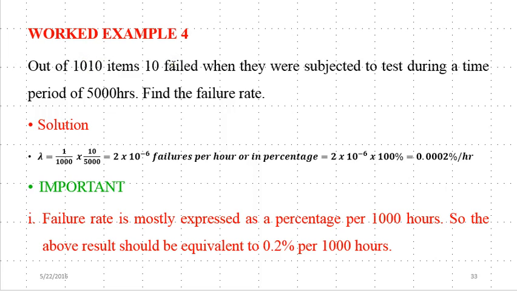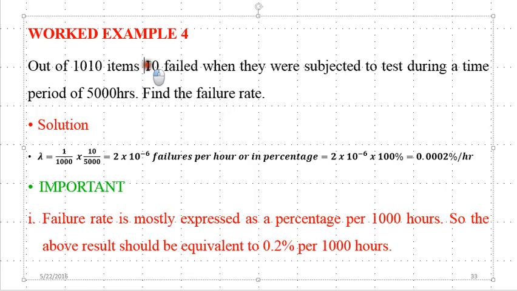So the ones that survived, my Ns should be 1000 components. And my delta Nf is the number of components that failed, which is 10. And the time during which this failure occurred is 5,000, and I put it here. Evaluating everything, it will give me 2 times 10 raised to power minus 6.